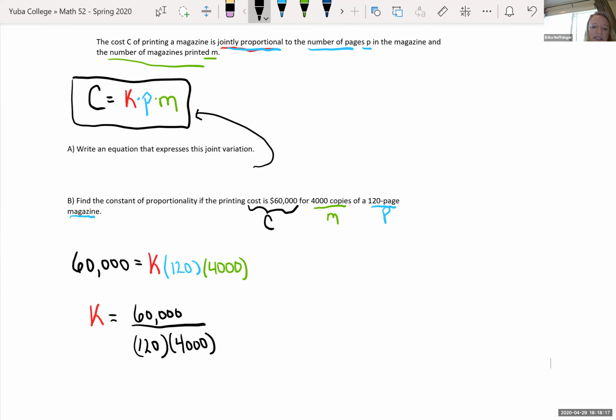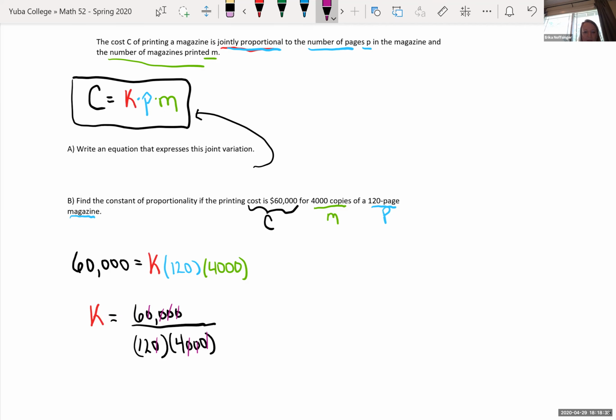Things start canceling with my zeros first of all. So 1, 2, 3, 4. I have 4 zeros there, and I technically end with 4 zeros with that 120 there. So basically, I could divide the top and the bottom by 10,000.